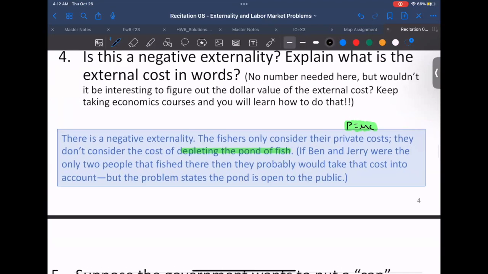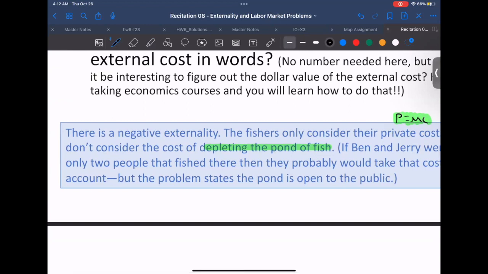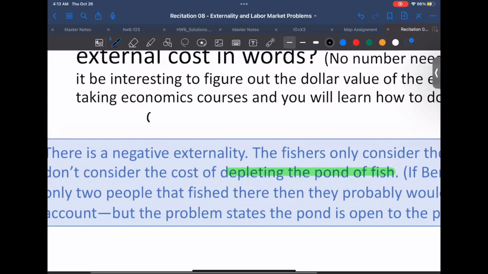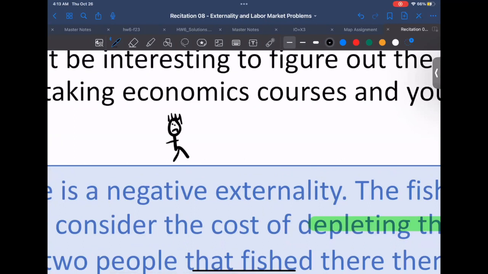So it's going to be a negative externality because the fish no longer being there can have negative effects on the rest of society. For example, one effect could be a boy who really loves fish who can no longer see fish, and now that boy is really sad.